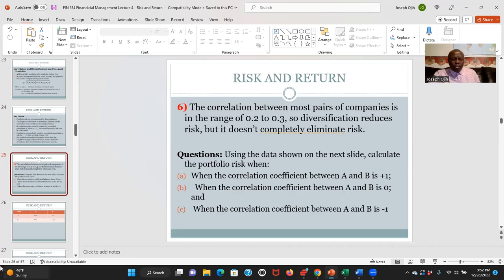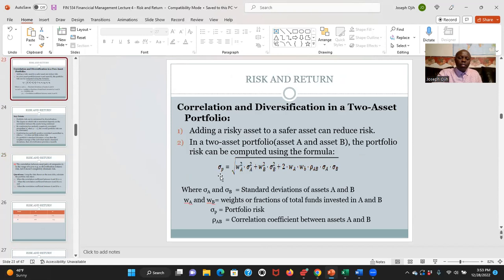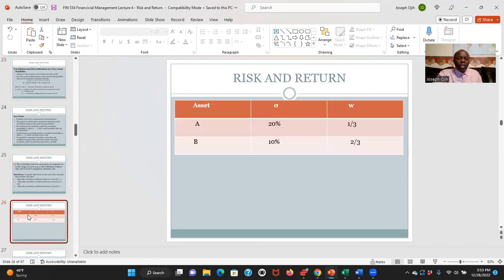So let's look at each of them. Remember the formula here. The formula is: sigma P equals the square root of all this. So plug in the numbers that represent all this.